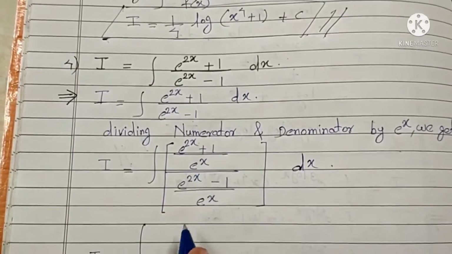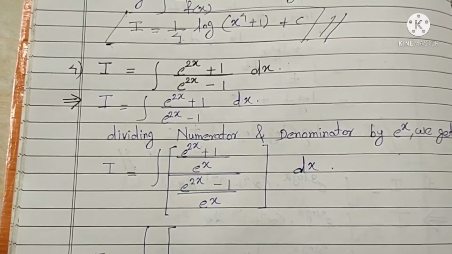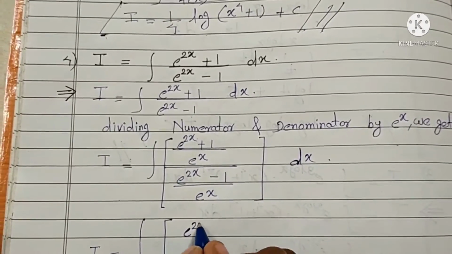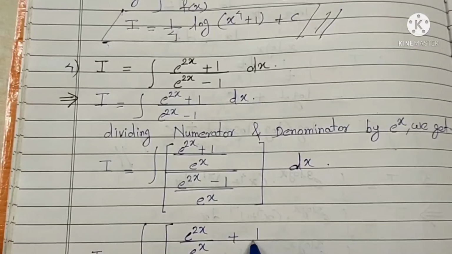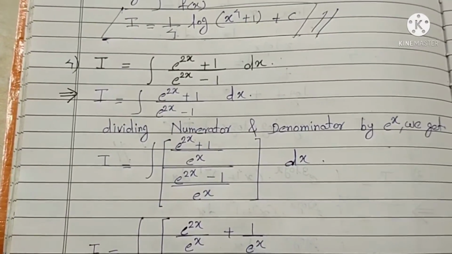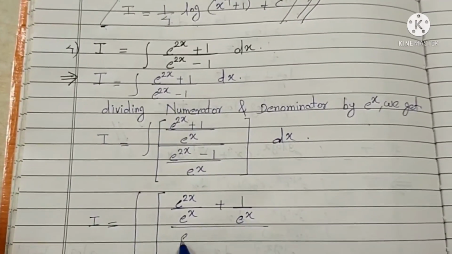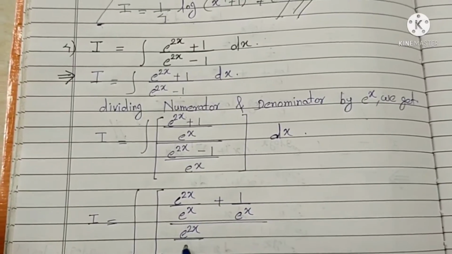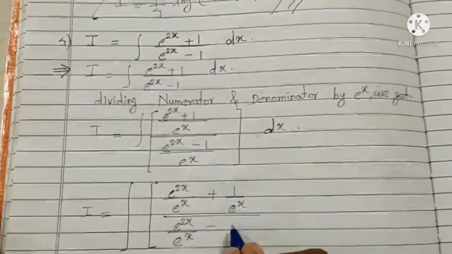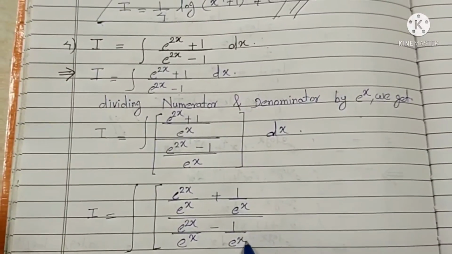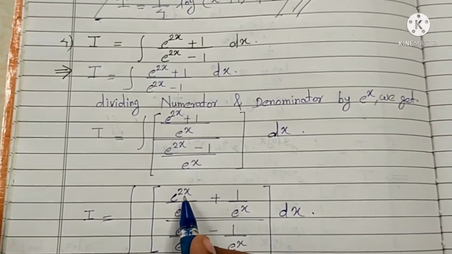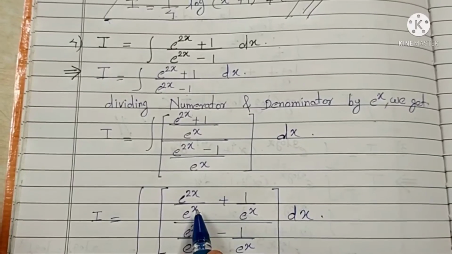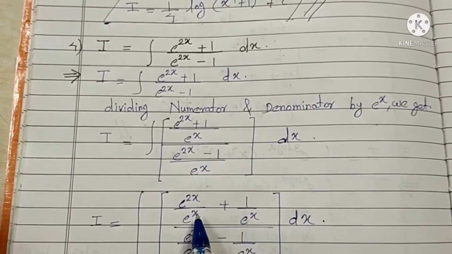Now separate e raised to x. So it is like that, e raised to 2x upon e raised to x plus 1 upon e raised to x. Here also the same, e raised to 2x upon e raised to x minus 1 upon e raised to x, this is dx. Now this is e raised to 2x and this is minus. When it is in the numerator, then it is minus.